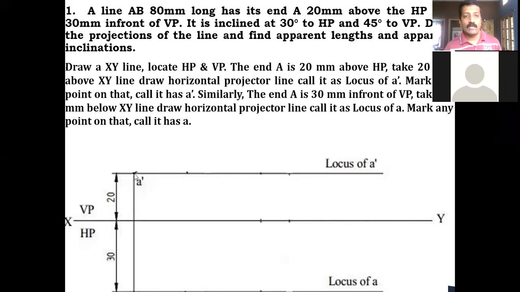Already you have marked A dash. You draw the vertical projector downwards like this. Wherever it meets the locus of A, that 30 millimeter line, you mark that point and call that A. So the end A, both in top view and front view, we have identified and fixed. This is the first step you have to do as per the information given.